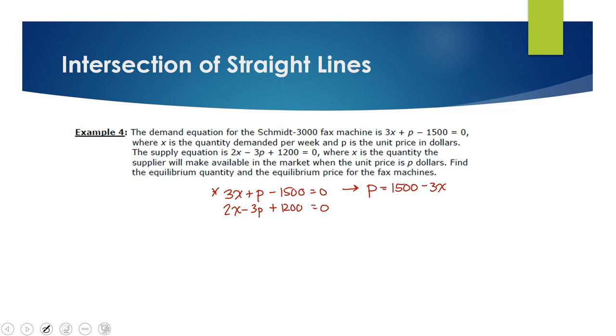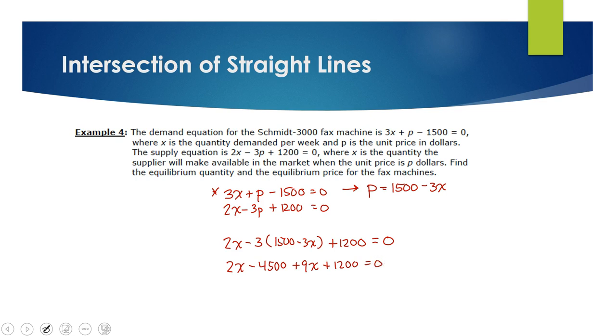I am going to come down here and replace the p with 1500 minus 3x, leaving everything else alone. But now my equation only has x terms in it, doesn't have a p term anymore. So I'll distribute the negative 3, so I have a negative 4500 plus 9x plus 1200 here.